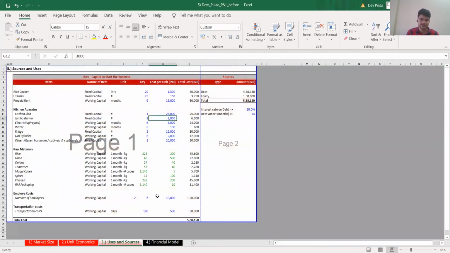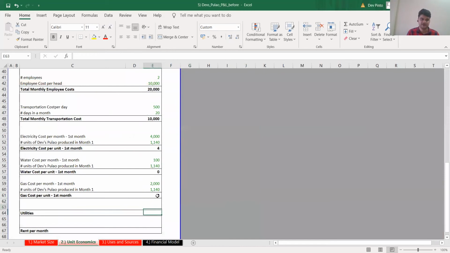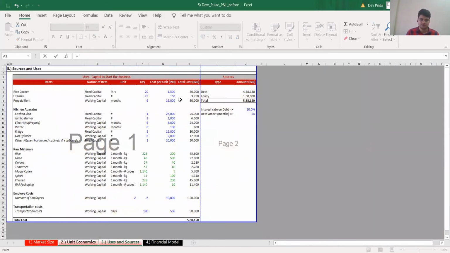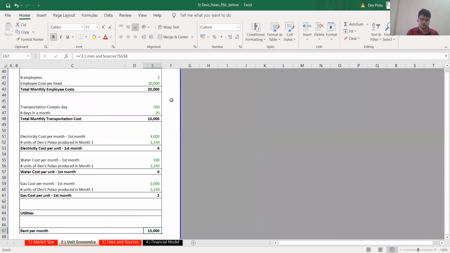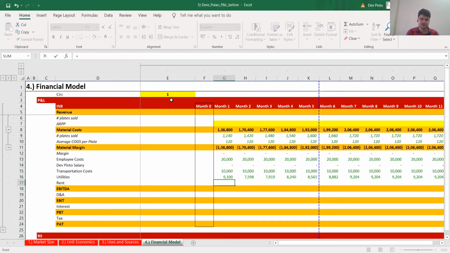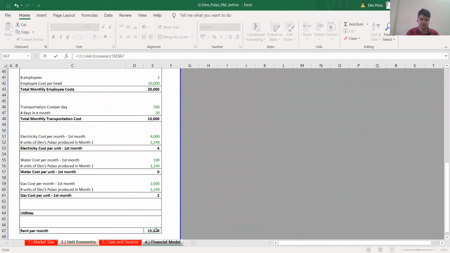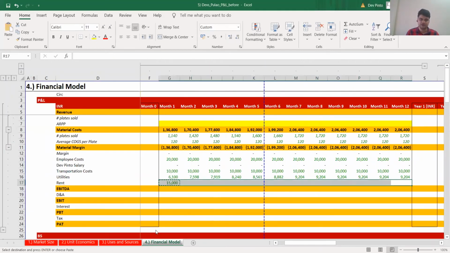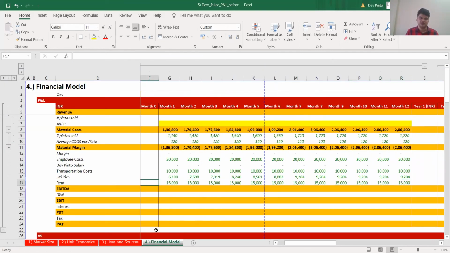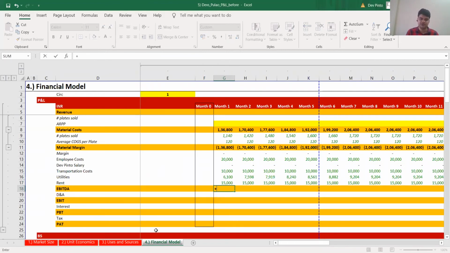For rent, we've assumed monthly rent of 15,000. Let's assume this doesn't change over the course of the next 12 months. This stays 15,000. So now let's compute EBITDA.